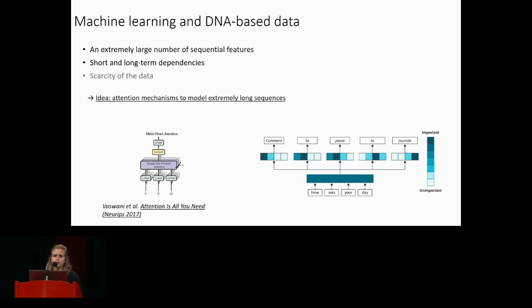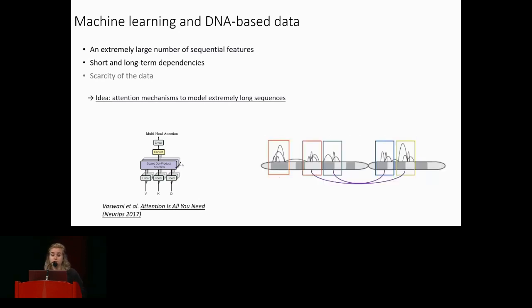Briefly, these methods try to extract from the input sequence the most relevant information that leads to the best performance. And in the context of epigenetics, it is highly relevant because we have both short-term, within the same chromosome interactions, as well as long-term dependencies due to the 3D geometry of the DNA.